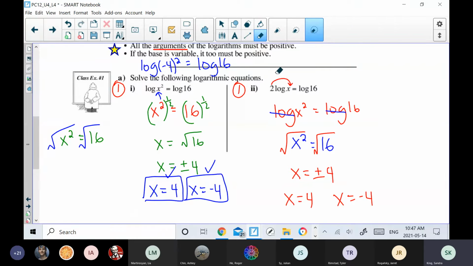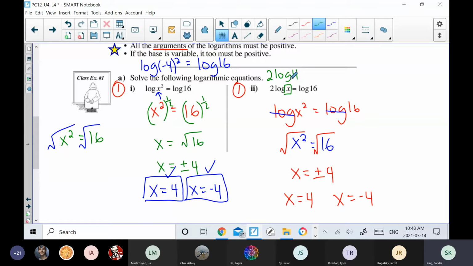Now, in this example, though, one of these would actually be extraneous. And the reason is you always have to input it back into the original equation. So if I put this 4 here, I will have 2 log of 4. This is totally fine because that argument is positive, right?